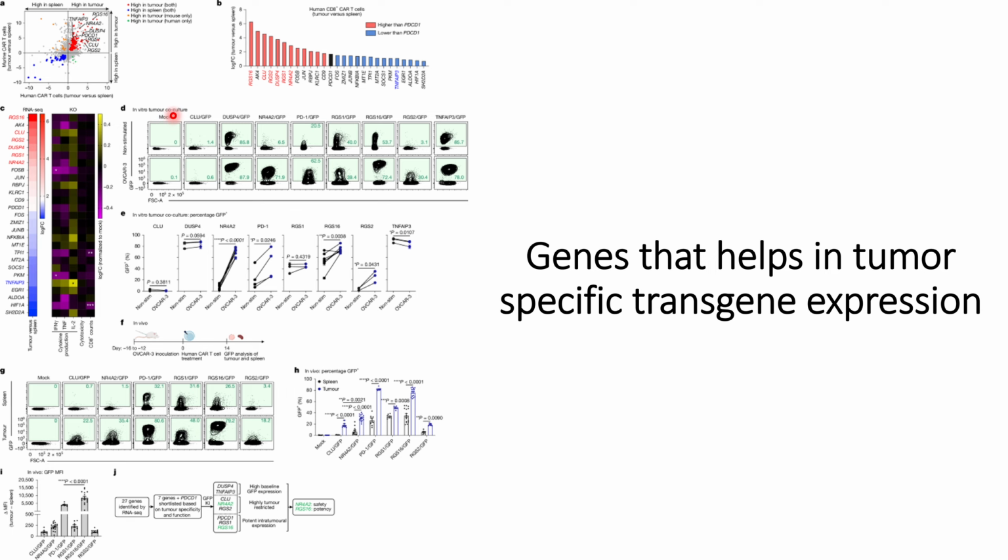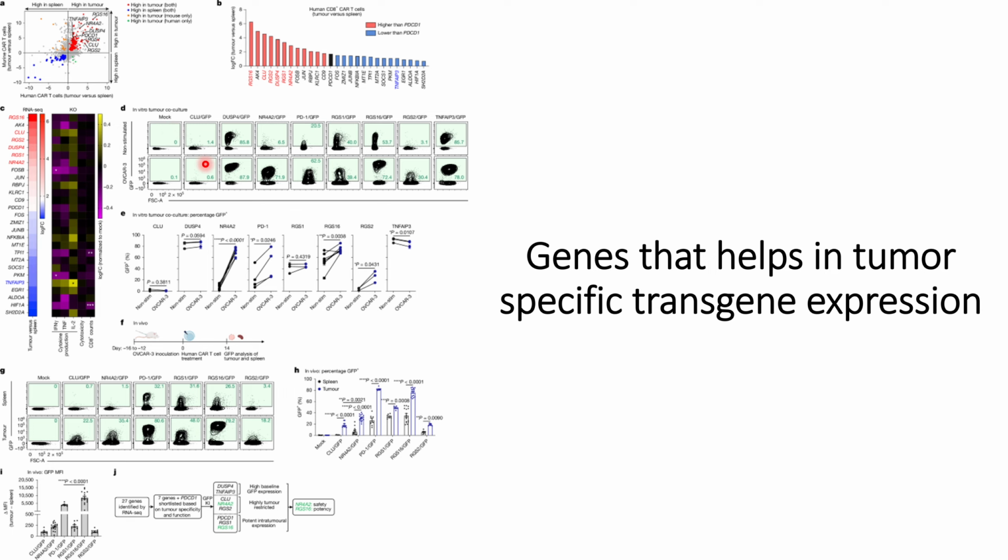That is, they introduced the GFP sequence just downstream of the transgene start codon. They wanted to see whether those activated CAR T cells would be able to express GFP or not.